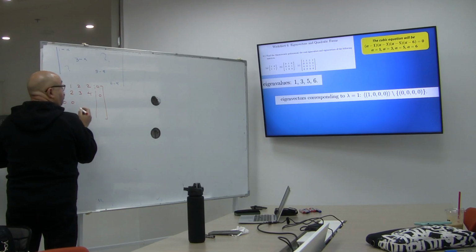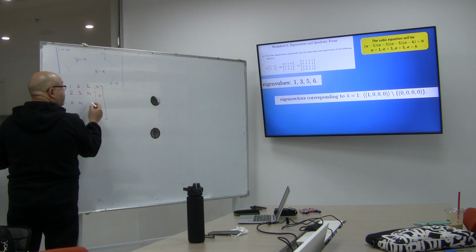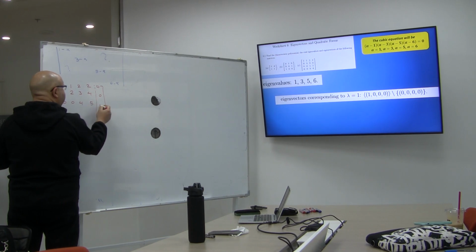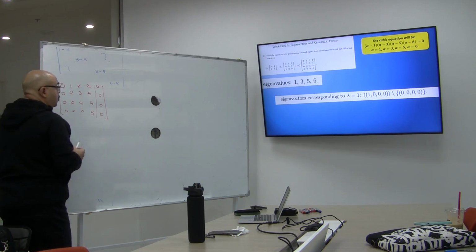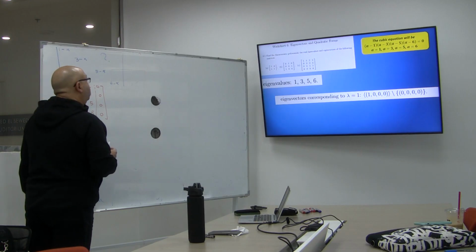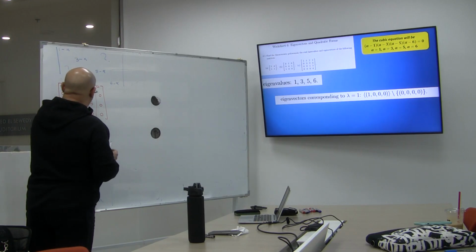For the third row, you will have 5 minus 1, which is going to come up to 4, and then 5, and then zeros, then triple zeros, and you will have 6 minus 1, which is come up to 5, and it's equal to 0. Okay? So the first row was 0, 1, 2, 2, then 2, 3, 4, and so on.